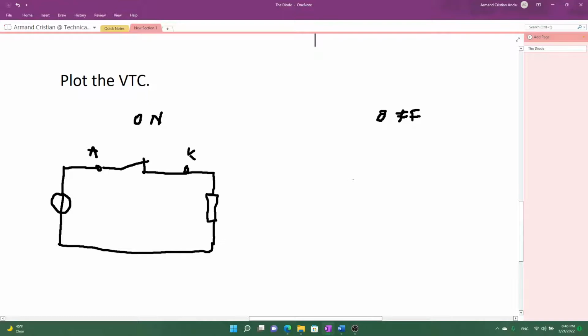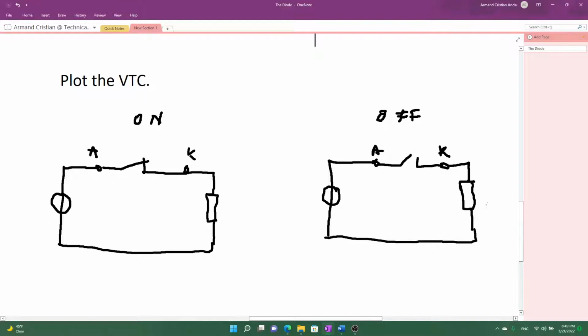So this is the equivalent model for the on state and the equivalent model for the off state. I'll draw it here. Anode, cathode, and a resistor.